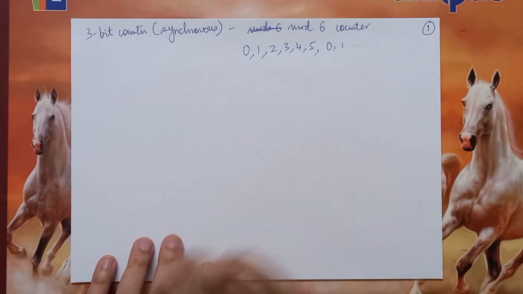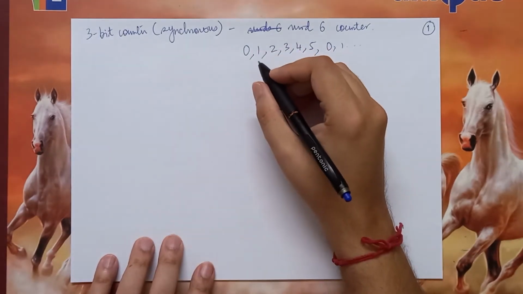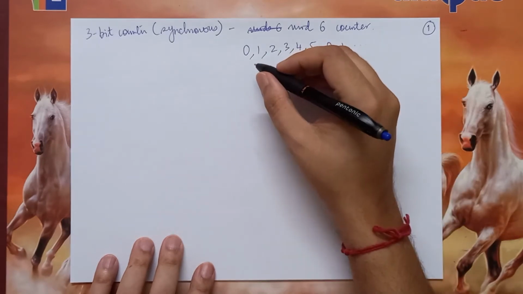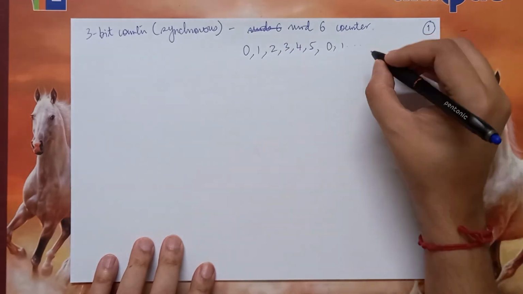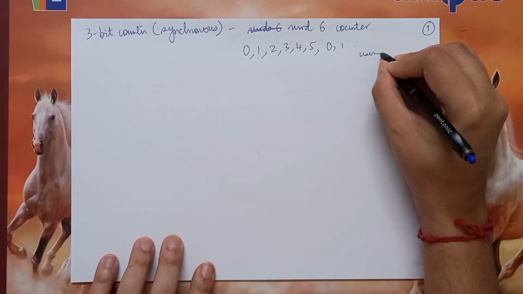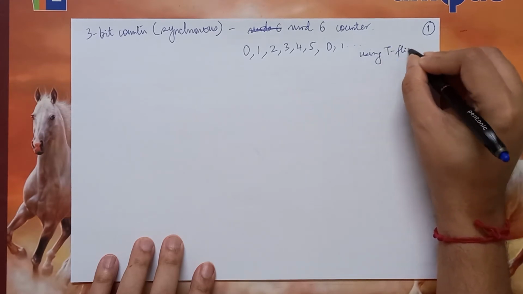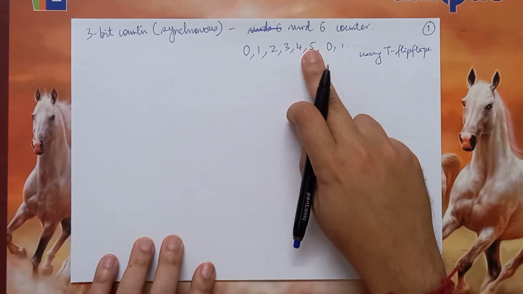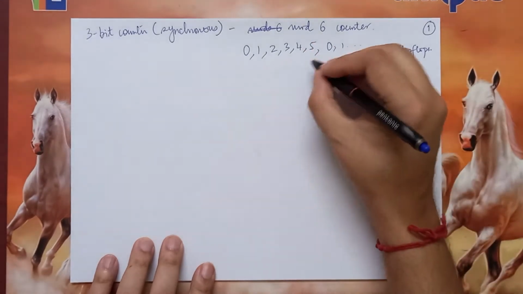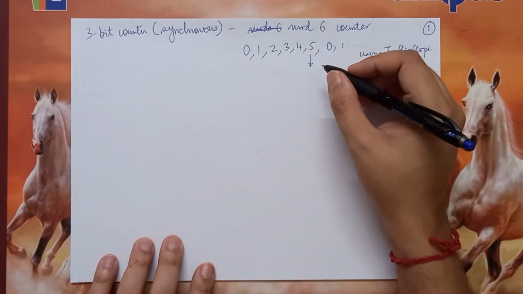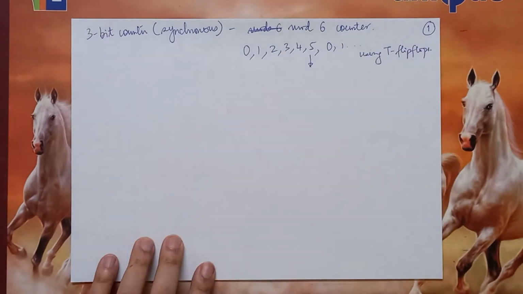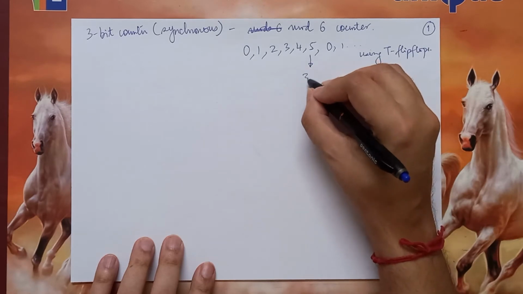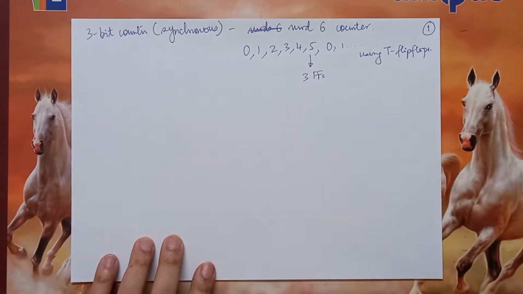So supposing we have to do this using T flip-flops, let's keep that fixed for the sake of discussion. If we have to design a mod 6 counter, the maximum count is 5, so we will need a 3-bit counter. That is, we will need 3 flip-flops. That does not change.